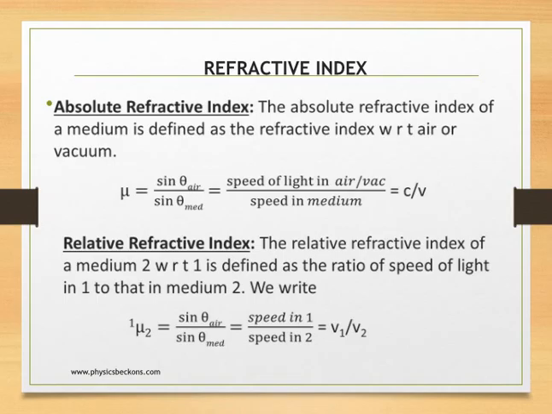So the refractive index of a medium, denoted by mu, is sine of angle in air over sine of angle in the medium. That is, speed of light in air or vacuum over speed of light in the medium. And since the speed of light in air is denoted by small c and say the speed in the medium is v, the refractive index will be c by v.